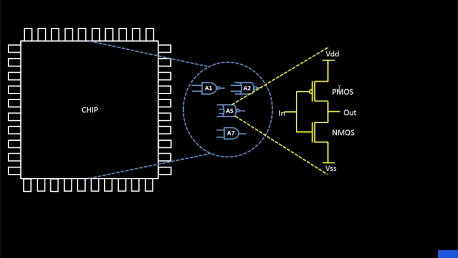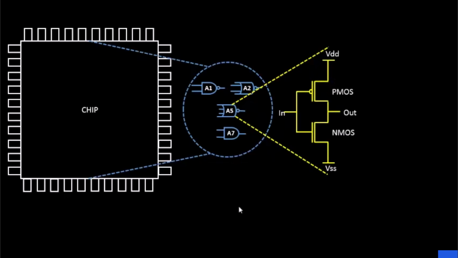Using some combinations and connectivity of PMOS and NMOS transistors, you come up with a NAND gate. A similar structure will be present for an AND gate or a NOR gate or any of the gates that you see. So here is where the word transistors comes from, and this is the symbol of a transistor.